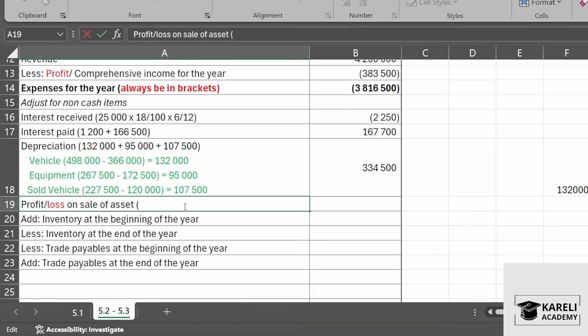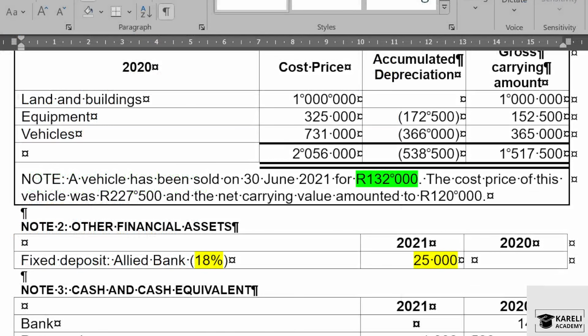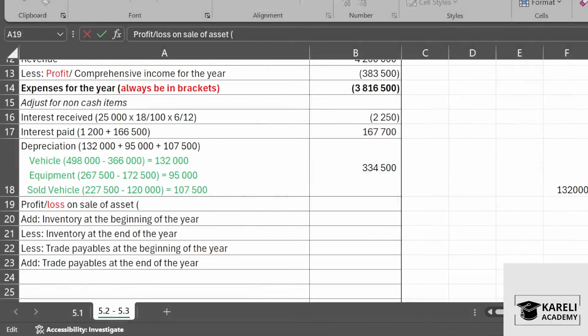Now, to get whether it's profit or loss, you get the carrying value and then you minus the selling price. Now, let us check question paper. We are on this vehicle that was sold. Carrying value is 120,000 and it was sold for 132,000. Right? 120 minus 132.